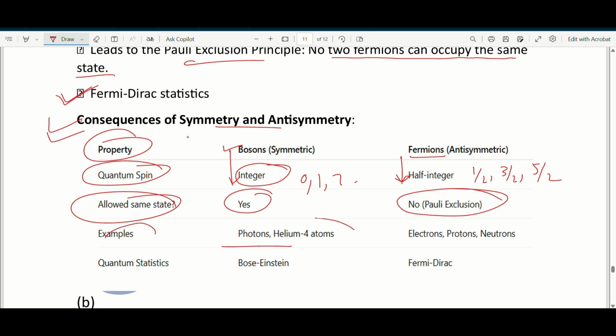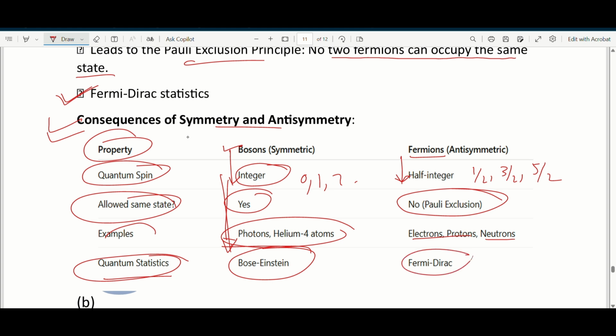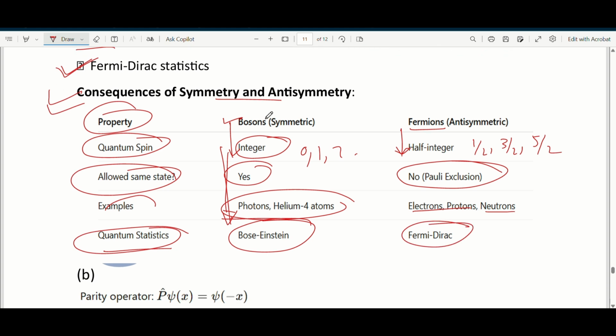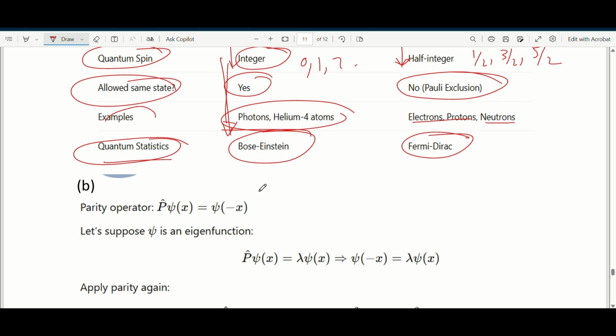Examples: photons and helium atoms are bosons. Fermions are electrons, protons, and neutrons. In quantum statistics, bosons follow Bose-Einstein statistics and fermions follow Fermi-Dirac statistics. These are some consequences of symmetric and antisymmetric wave functions.